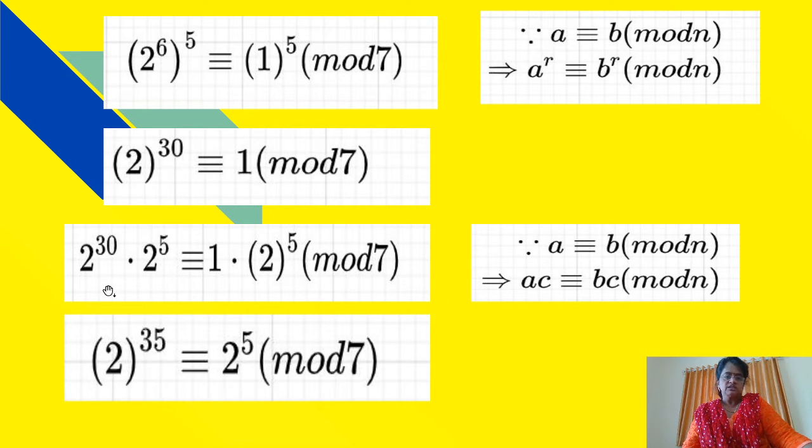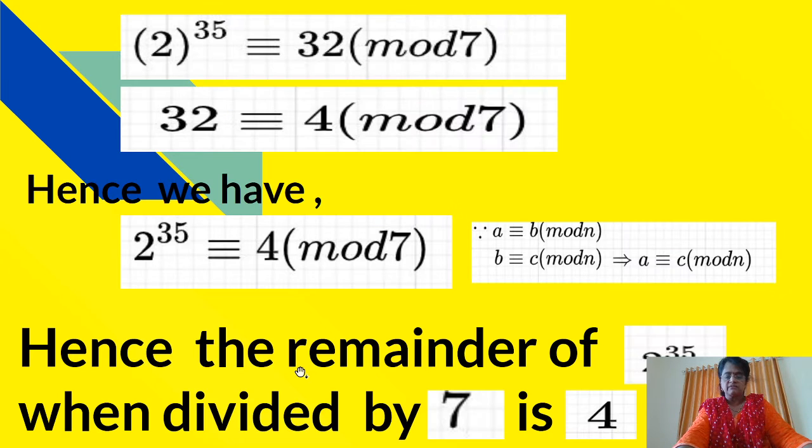Therefore, from this equation, we have 2 raised to 35 is congruent to 2 raised to 5 mod 7. That is, 2 raised to 35 is congruent to 32 mod 7. If we divide this 32 by 7, then we can write 32 is congruent to 4 mod 7.